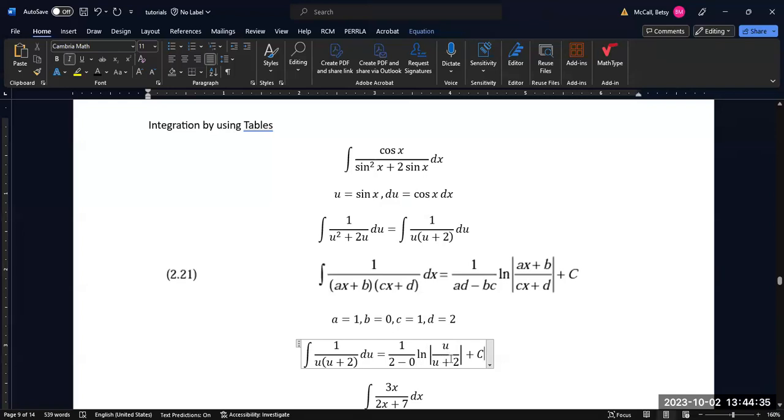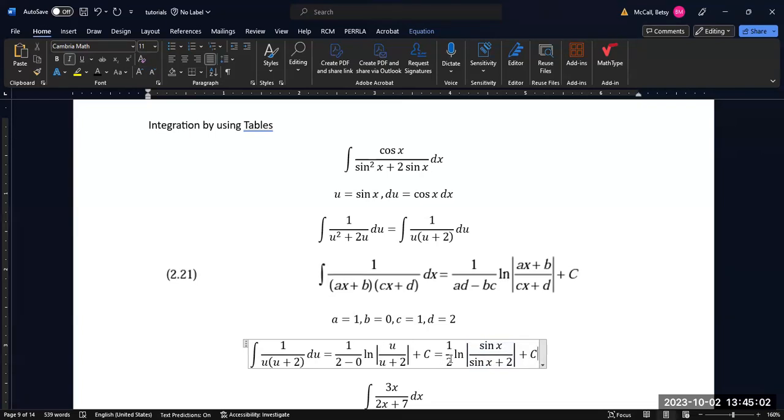And so we've been able to apply our rule, but we're not done yet because we originally started with X, not U. And so we have to put everything back. This would be log of sine X divided by sine X plus 2 plus C. And so now we're done.